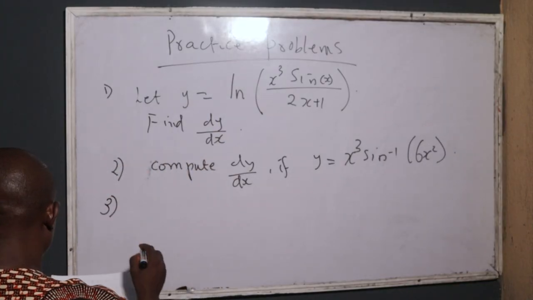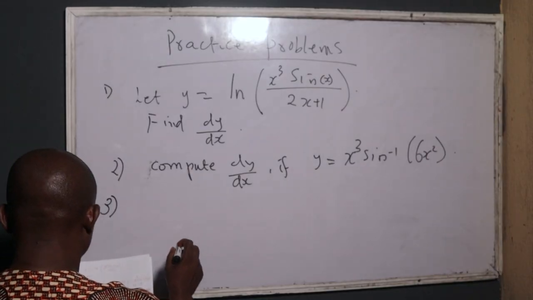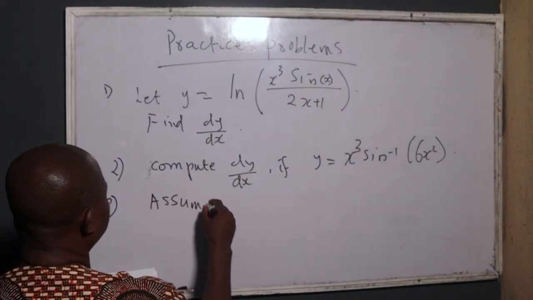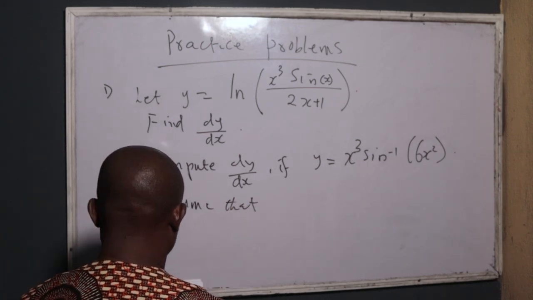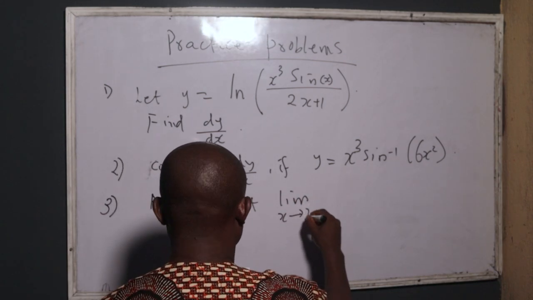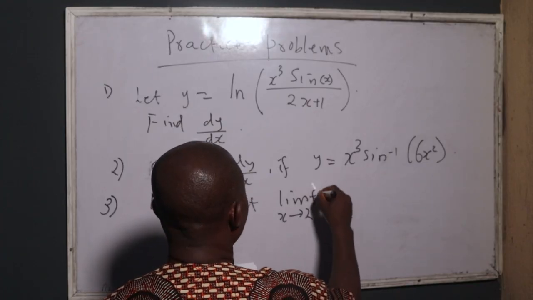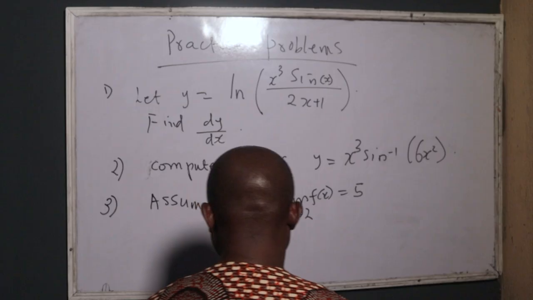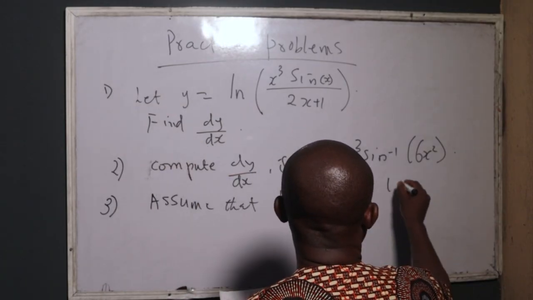Number 3 says assume that the limit as x tends to 2 of f of x is 5.